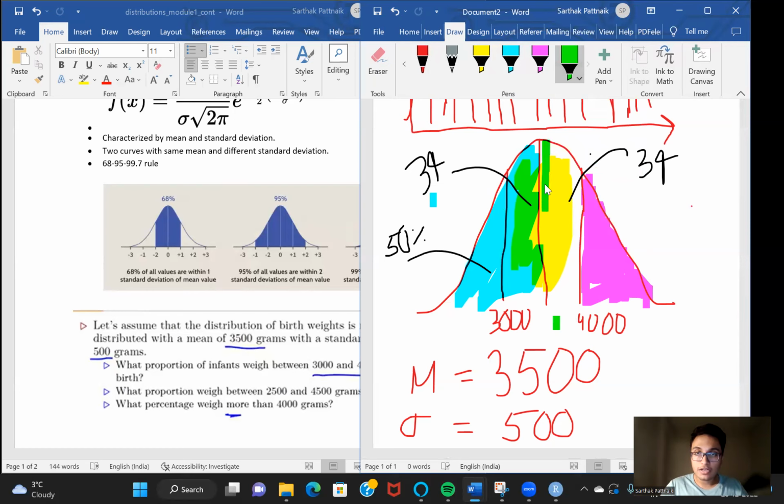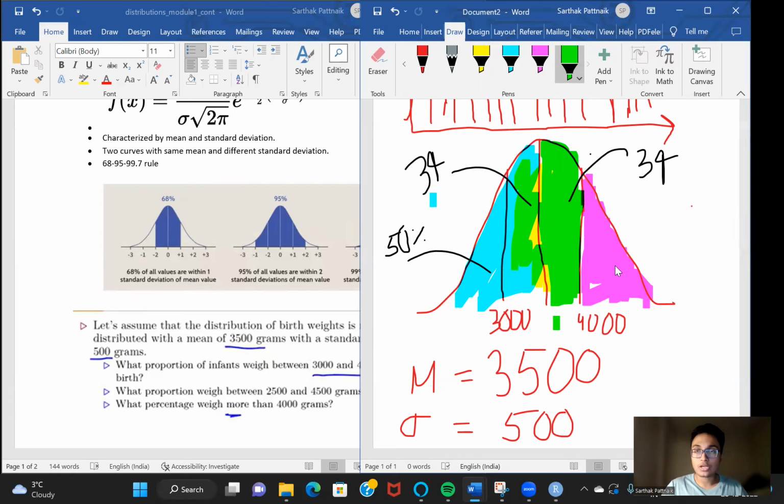This area that I'm marking in green, right here, this is 34%. So 50 and 34, this complete region is 84%. And we know that the complete area is 100%.